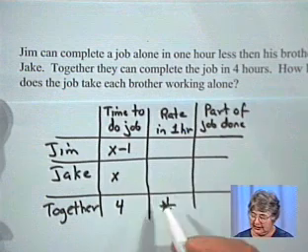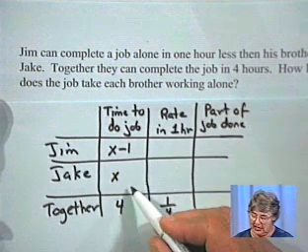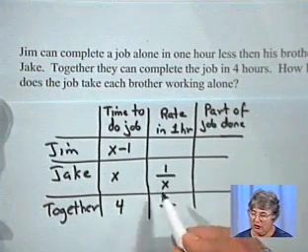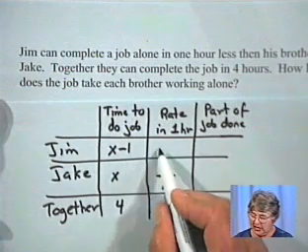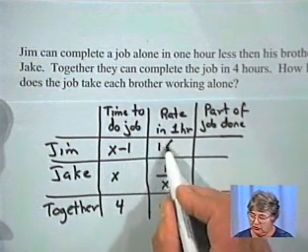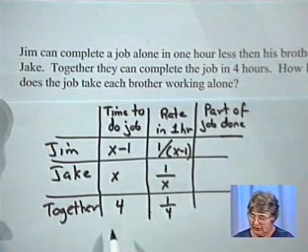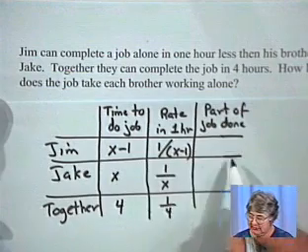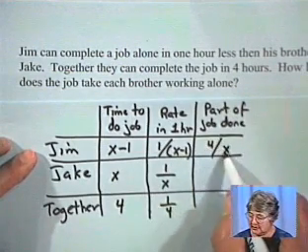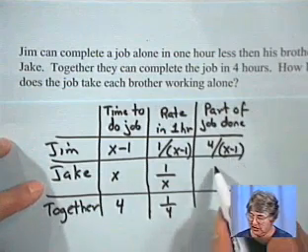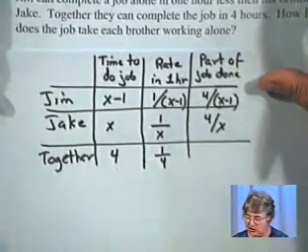By remembering that, it's easy to know what to do here, because if Jake works X hours, in 1 hour he will do 1 over X part of the job, whereas Jim, if he works X minus 1 hours, in 1 hour he will do 1 over X minus 1 part of the job. But now they're both working for 4 hours. That means Jim, in 4 hours, will do 4 over X minus 1 part of the job. Jake will do 4 over X part of the job. Together, they both complete 1 job.